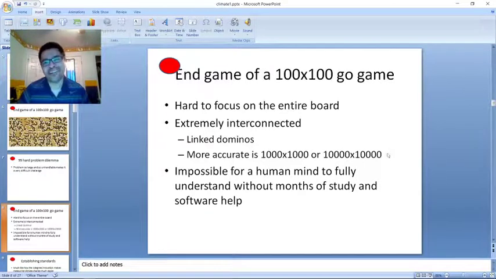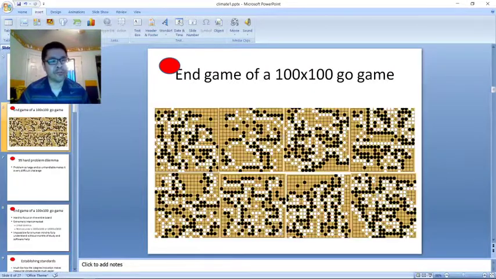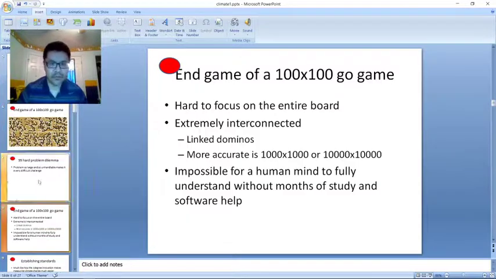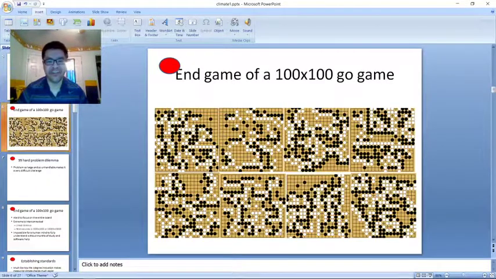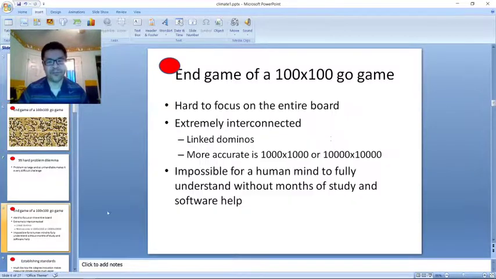More accurately, the climate change problem is not a 100 by 100 go game, but maybe a 10,000 by 10,000 go game. Linked dominoes, extremely interconnected. You cannot bonsai out a lot of stuff.